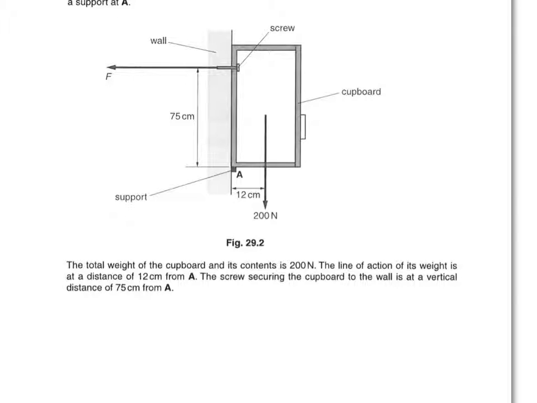Anti-clockwise, we have the unknown force multiplied by this distance of 75 centimetres. Always check that the distances you are using are perpendicular between the line of action of a force and a pivot.